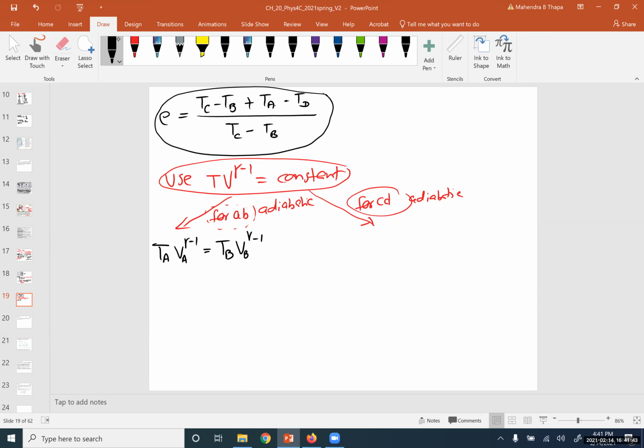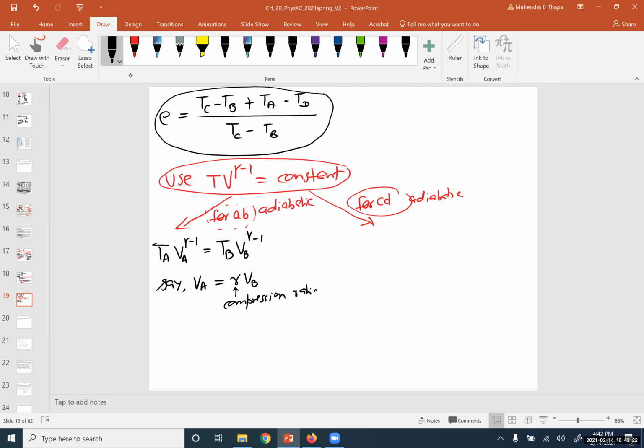Say we assume VA equals R times VB. Okay, we are just assuming. So R is the ratio. This is called the compression ratio.